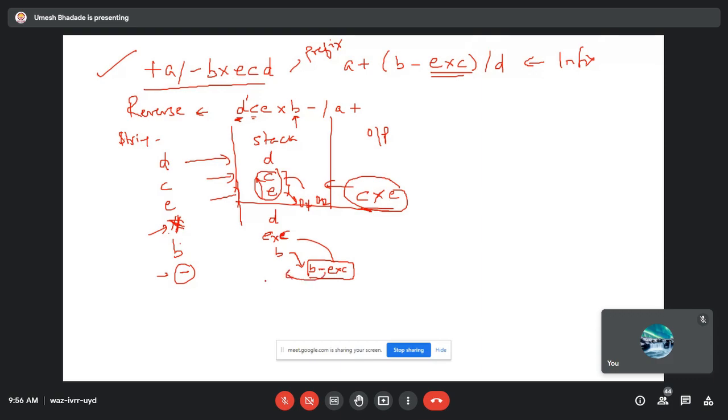So on the stack you have B minus E into C and D once again. Then the next is slash, so once again these two operands will be used. One is B minus E into C.